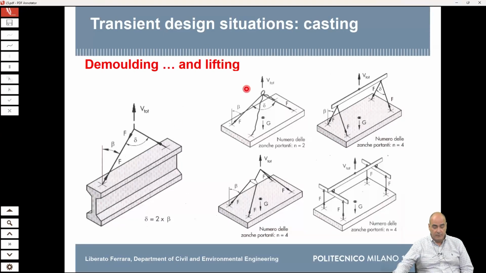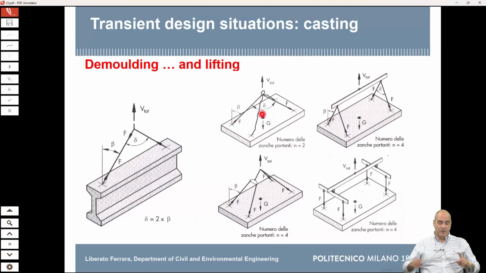For example, if you are lifting a slab, you always tend to have 4 lifting points, so you distribute the loads. And why, for example, let's focus on the slab. Why, for example, would you prefer this lifting system or even this dual bending?